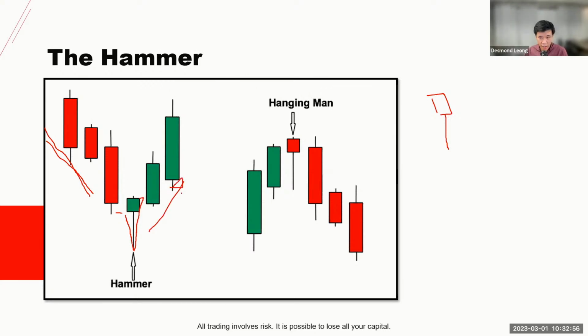Okay, now let's look at the opposite, the hanging man, right? So you can see the bulls are pushing prices up, pushing prices up, pushing prices up. When it reaches this level, the bears start pushing prices down. So you can see that the bears are successful in pushing prices down, but the bulls take over and push prices all the way back up to over here.